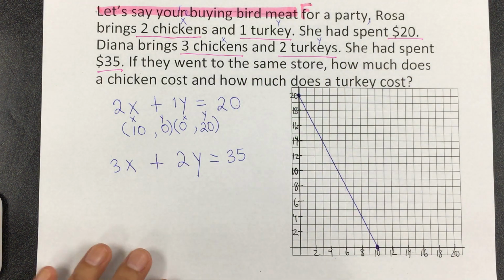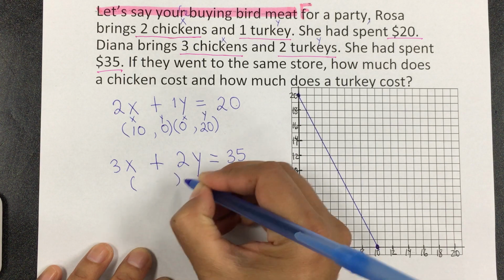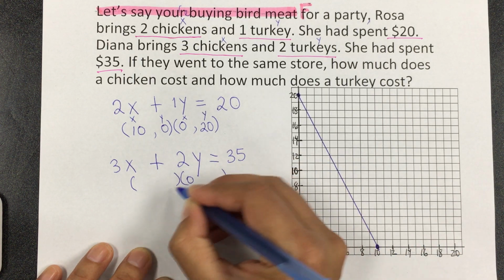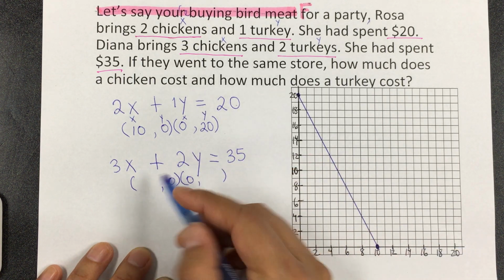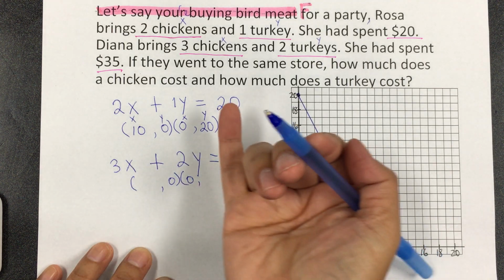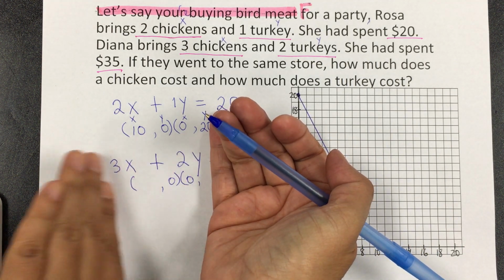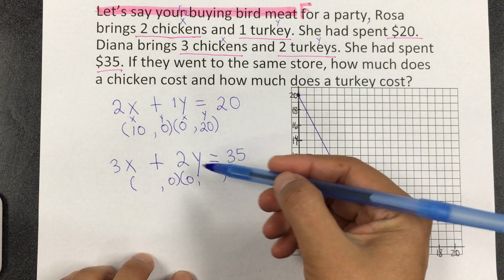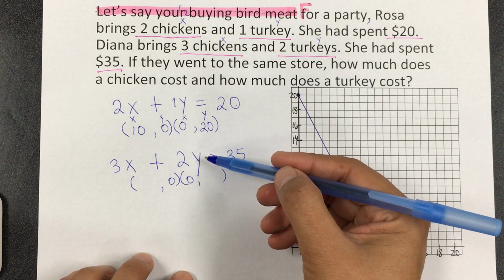For the next one, I'm going to do the same thing. And I'm using the intercepts because the equation is in standard form, meaning that X and Y are on this side of the equal sign. That's called standard form of the equation.